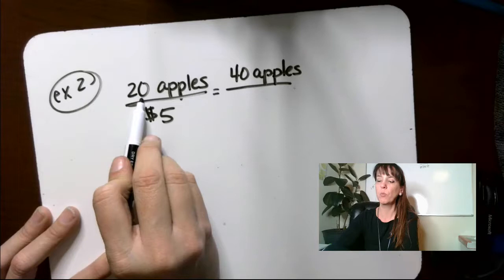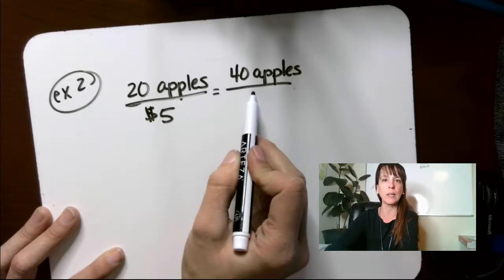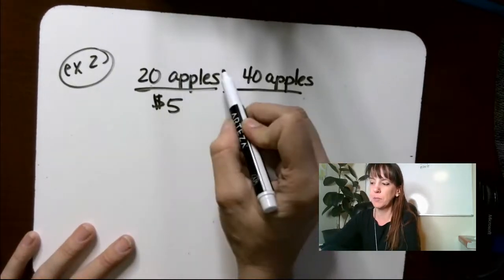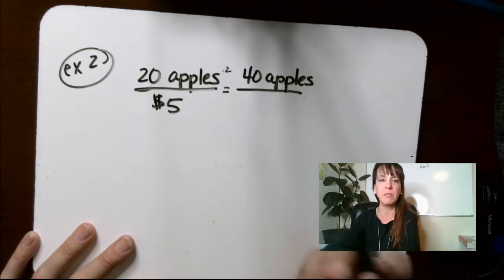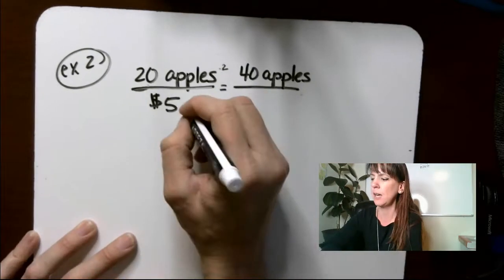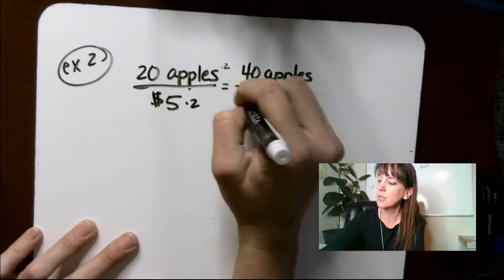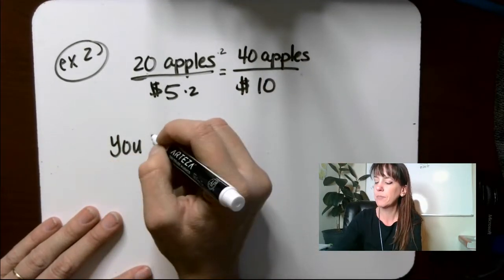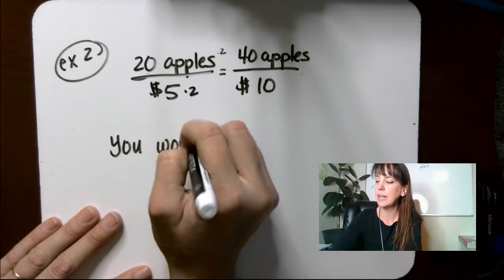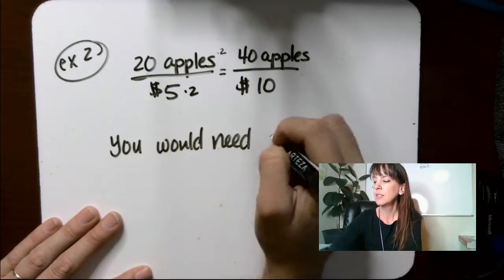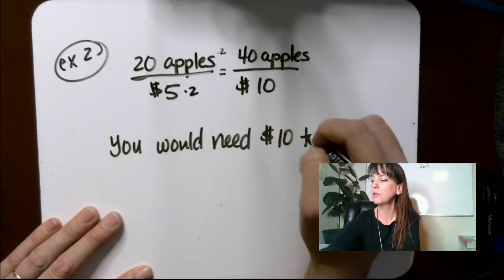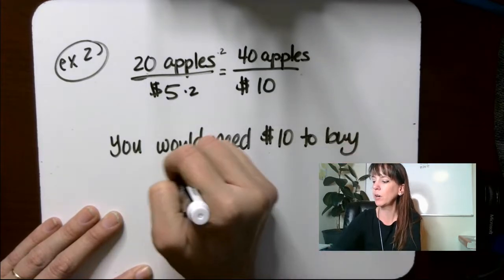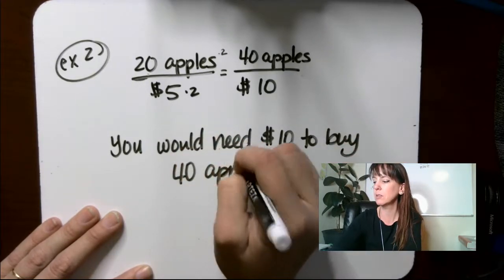What do I need to do to get from 20 to 40? Multiply by 2. If I multiply by 2, 20 times 2 will give me 40, but what I do on the top here, I have to do on the bottom. So it's gonna be $10. So you would need $10 to buy 40 apples.